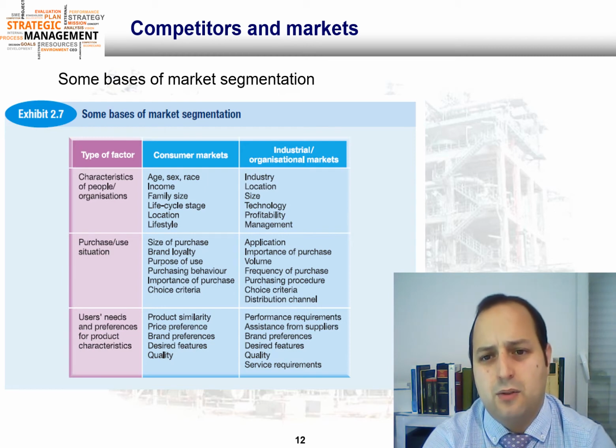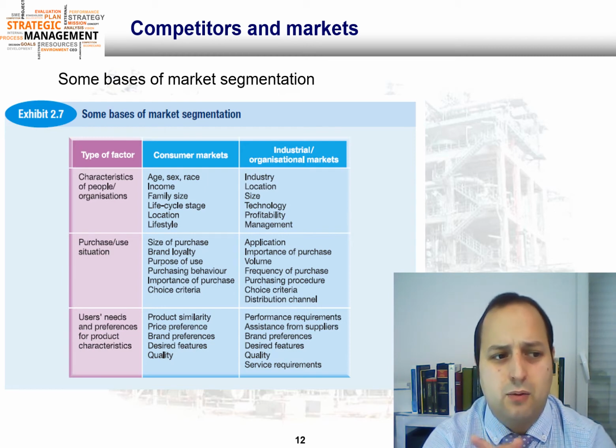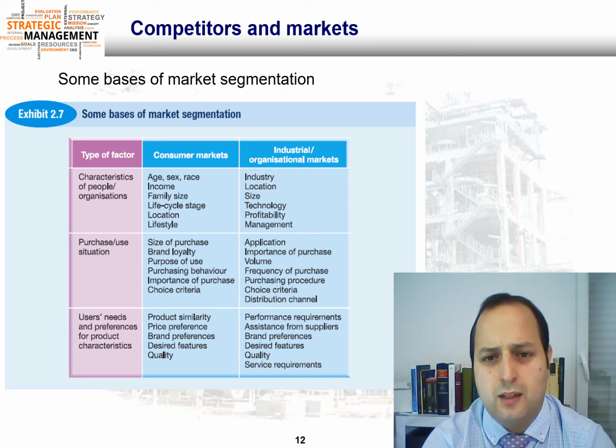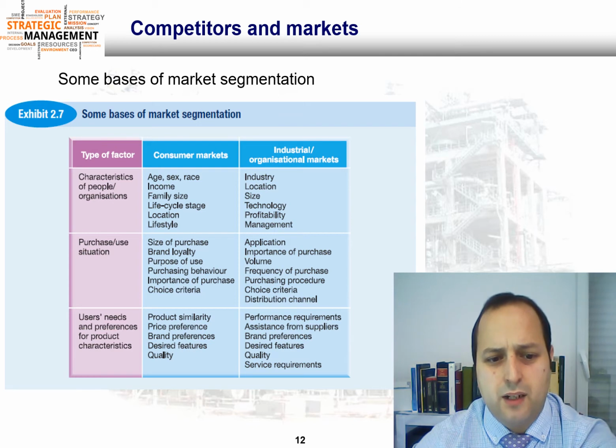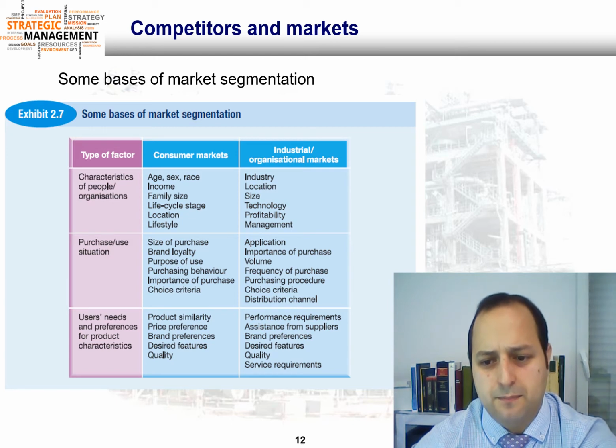It is not the same for a client who arrived 2 months ago as for a client who has been with us for the last 10 years, for example. Or basis of market segmentation depending on the user's needs and preference for product characteristics: the product similarity, price preference, etc.